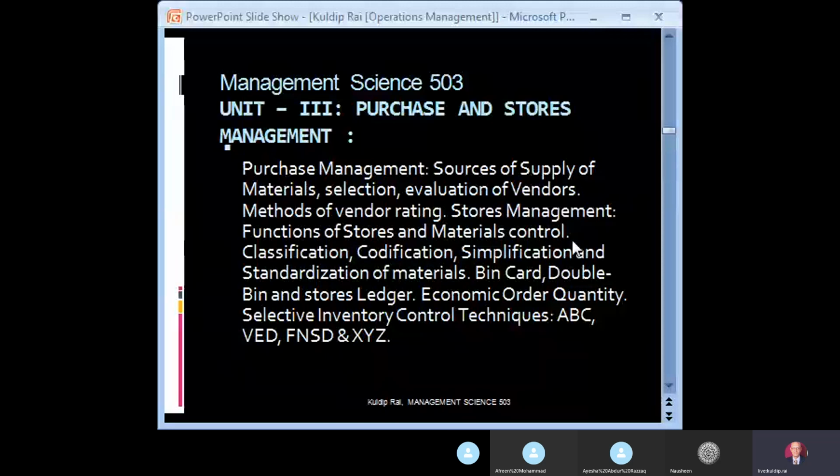The fourth you are seeing on the screen now, classification. We have to classify the materials so that similar materials can be handled similarly, and any special facilities which are needed can be provided for them.